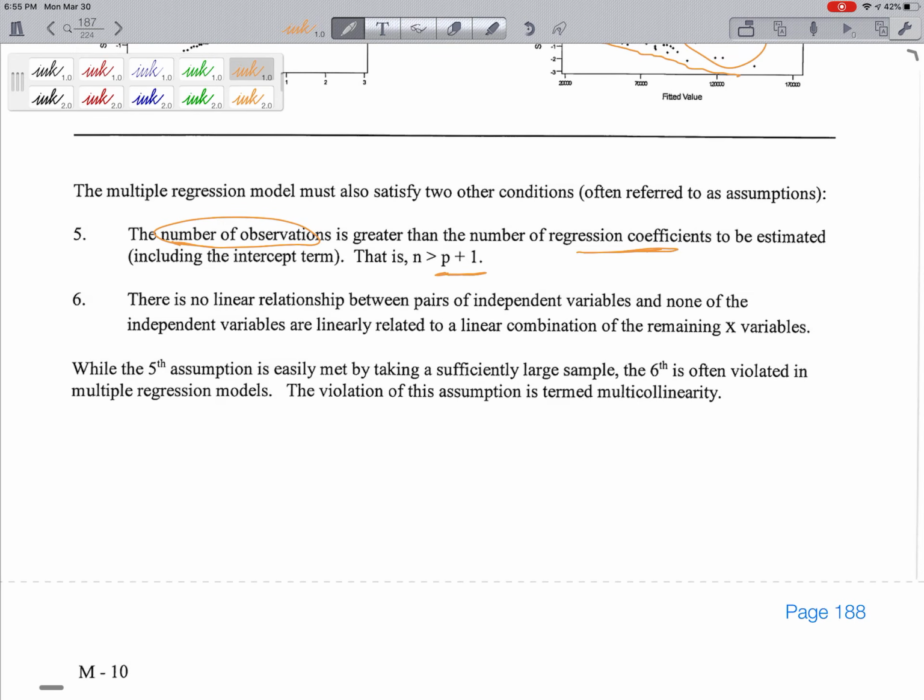Now, that's kind of goofy. What that says here is that in our case, we had 6 variables. And 6 plus 1 is 7 because we've got a y variable. So the number of observations has to be more than 7. Well, of course it's going to be.